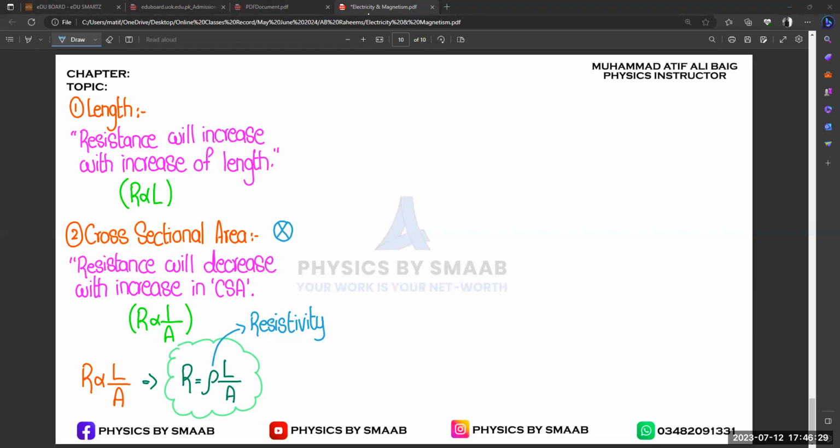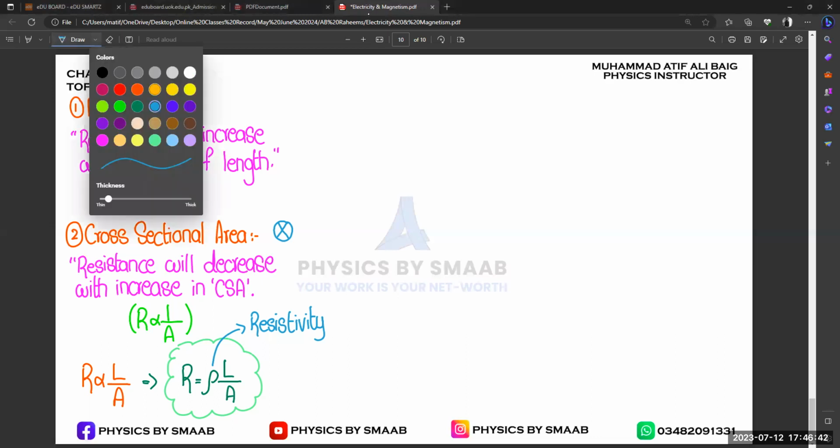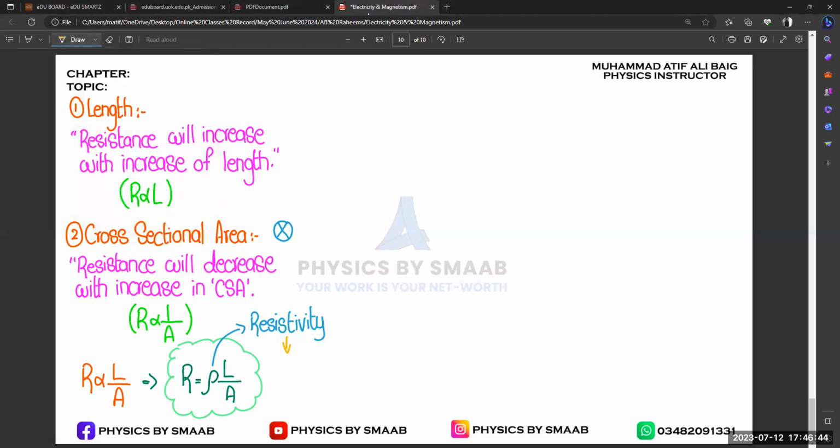We also use gold in the microprocessors of computers. So it depends upon the material. Resistivity is the capacity or ability to resist charges, the amount of resistance provided by a specific material.